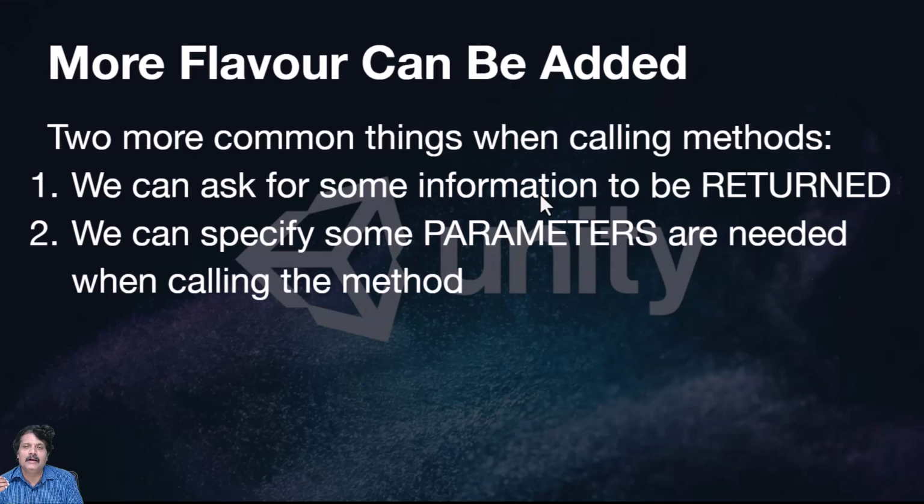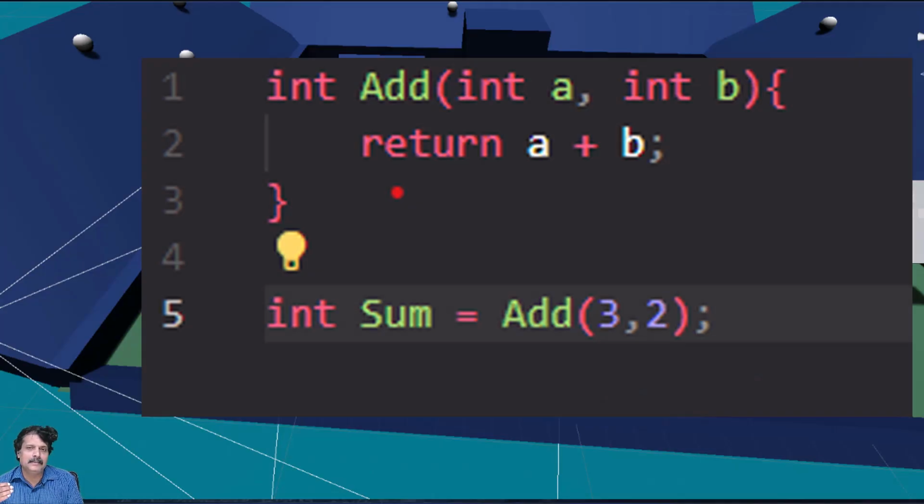For example, you have a method called add, and in the parameters you have to give two numbers. So in open close parentheses we are going to write int a, comma, int b. That means you have to give two numbers. Then with those two numbers, what it has to do is written between the open braces and the close braces.